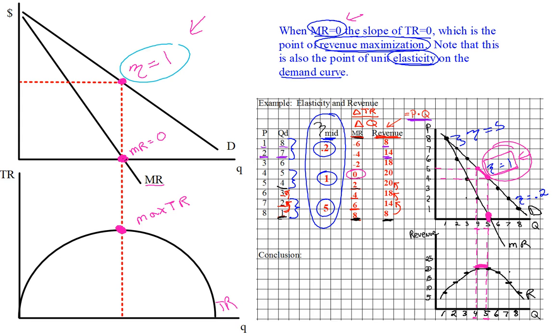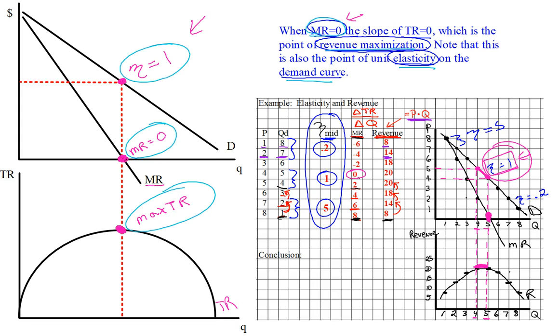When elasticity equals 1, marginal revenue will equal 0, and total revenue will be maximized at that point. Those three concepts always have to connect together. That's the big idea here, connecting together the demand curve, the idea of elasticity, the idea of revenue maximization, and the idea of marginal revenue being equal to 0. So those are the big concepts.